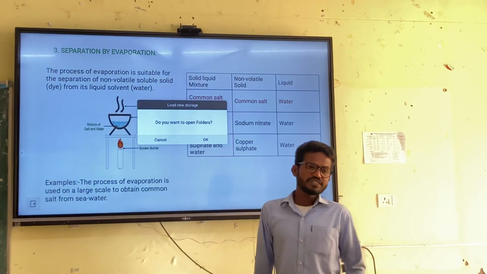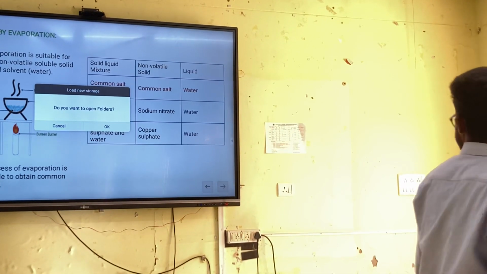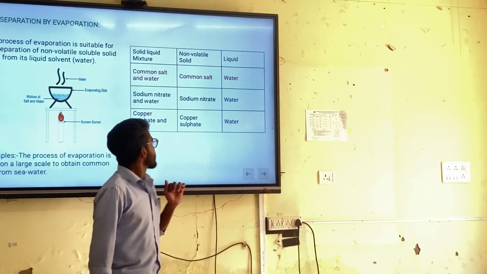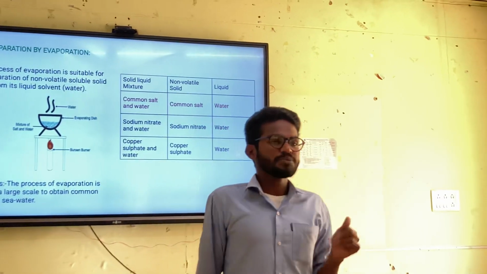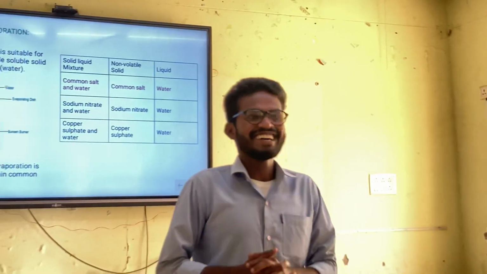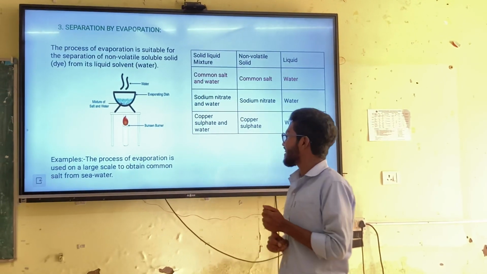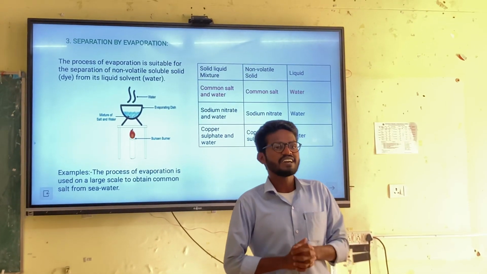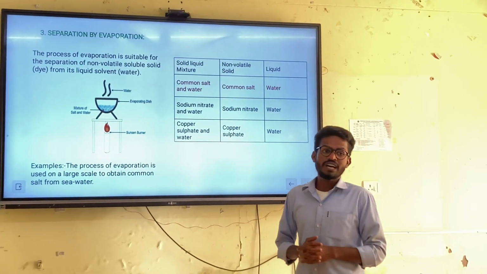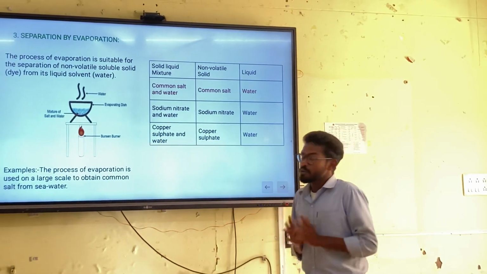The third one is the evaporation process. Mostly we use this process to separate common salt from liquid, to get common salt from seawater. In this process we have to separate a non-volatile soluble solid.